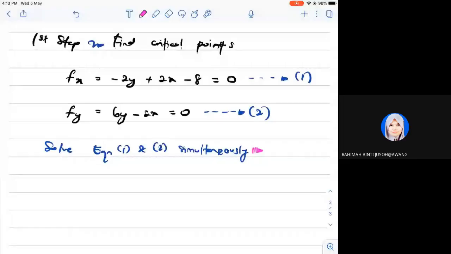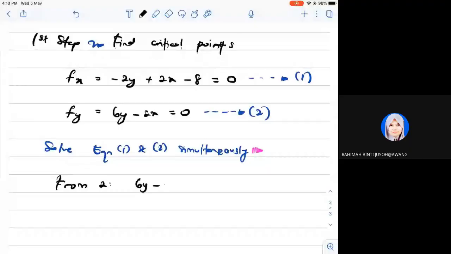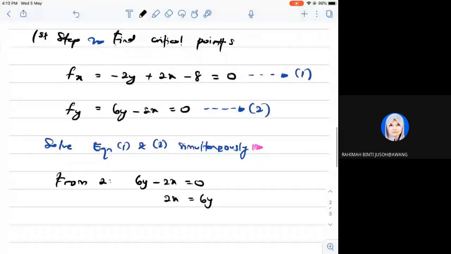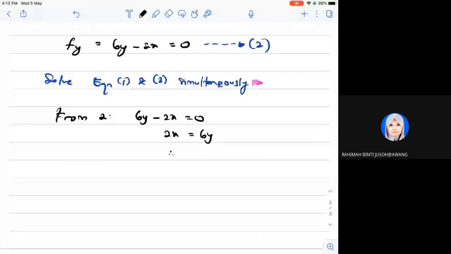So from 2, we have 6y minus 2x equals 0. Therefore 2x equals 6y. So now x equals 6y divided by 2, which is 3y. So next, substitute x equals 3y into the first equation.